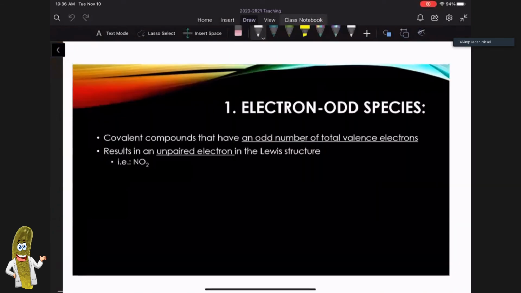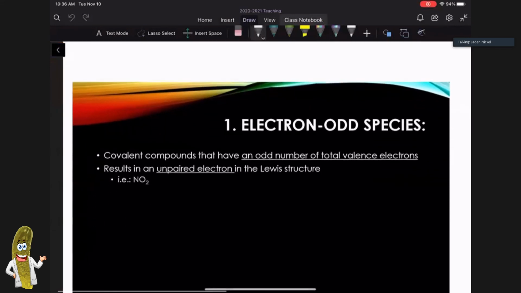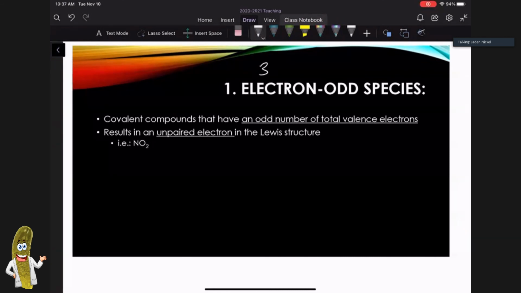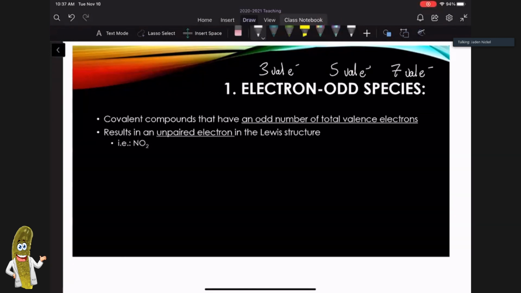The ones that tend to break the rules are electron odd species. That would be three valence electrons, or five, or seven valence electrons. VAL and then the E with the little negative sign is just my short form for writing valence electrons, so I don't write the word out 1,000 times.